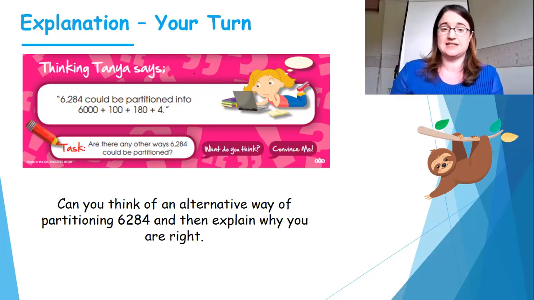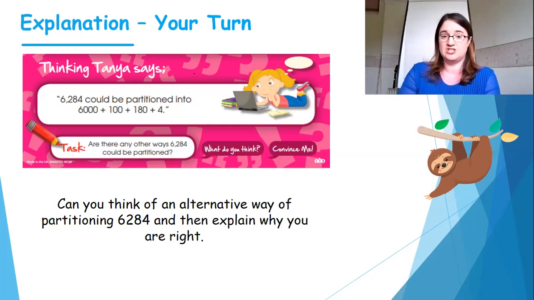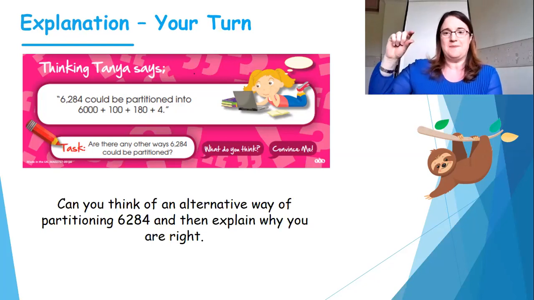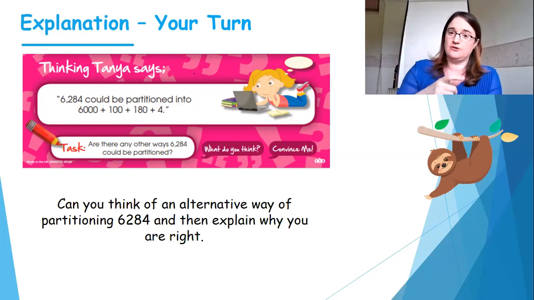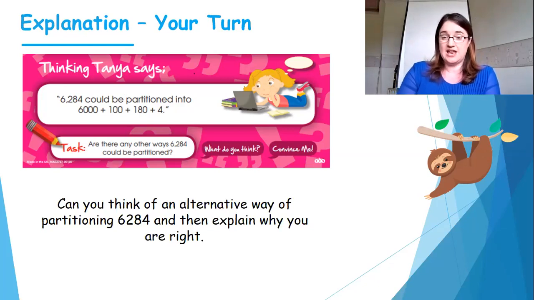How do you think 6,284 could be partitioned? And then you're going to write an explanation to show that you're right. So you're going to say, I am right because, and then you're going to write your explanation just like you did before. Okay, so a new way of partitioning, then an explanation to prove that you're correct. Press pause and have a go at that now.